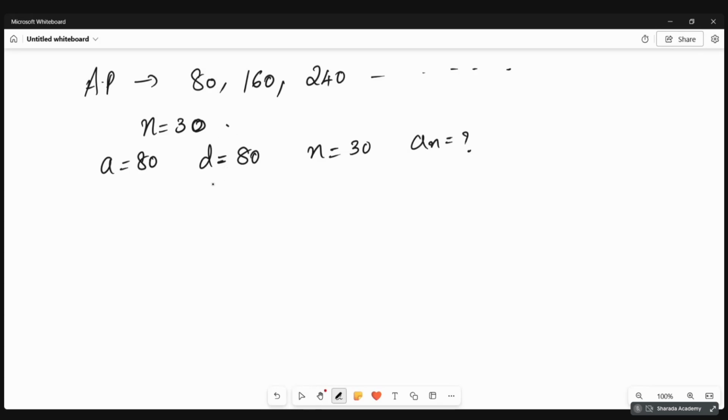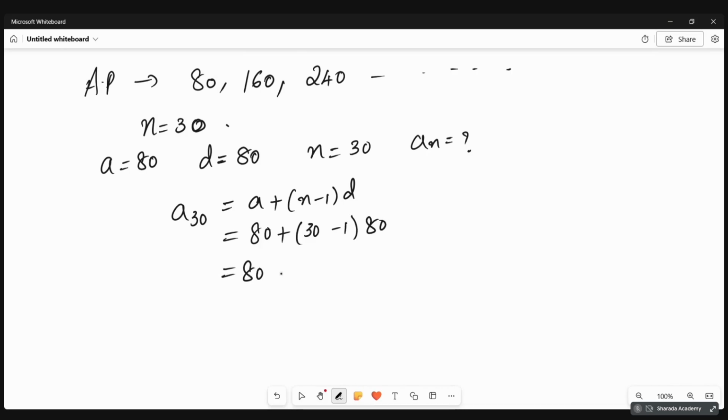A30 is equal to A plus N minus 1 into D, 80 plus 30 minus 1 into 80, or 80 plus 29 into 80. Actually it is 30 into 80, no? Total, 30 into 80, you will get 2,400 rupees.